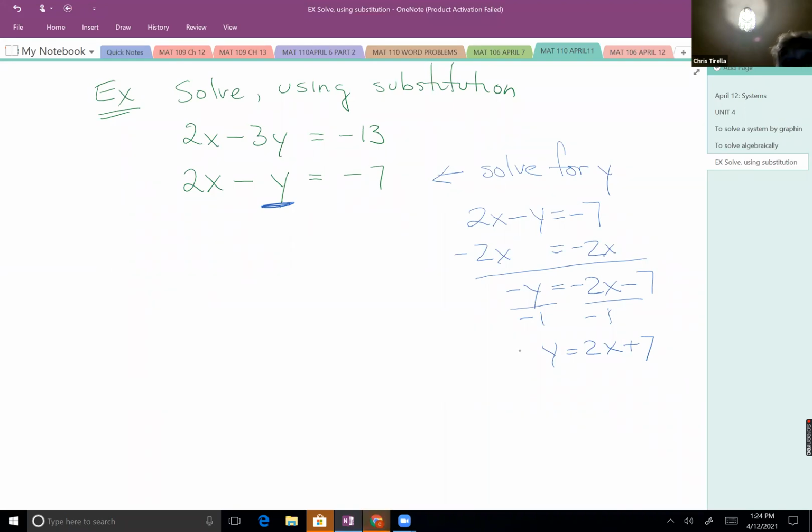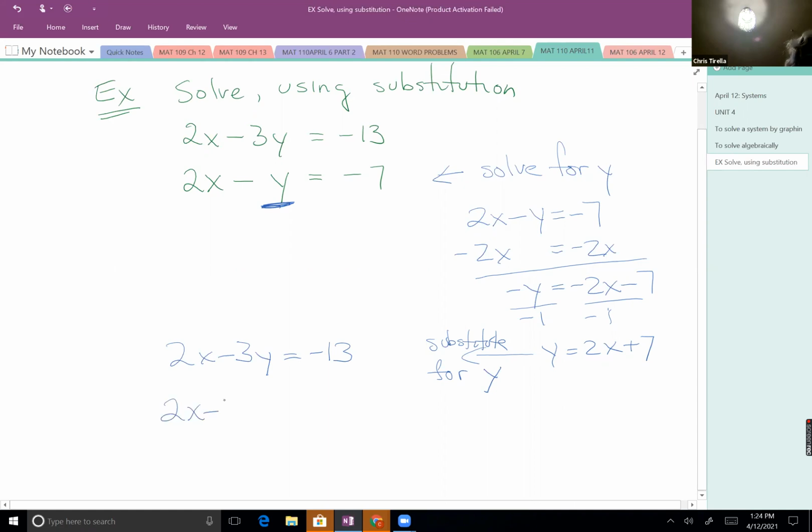Then I'm going to take this and substitute for y in the 2x minus 3y equals -13. That'll give me 2x minus 3 times, well, what's y? y is 2x plus 7 equals -13.